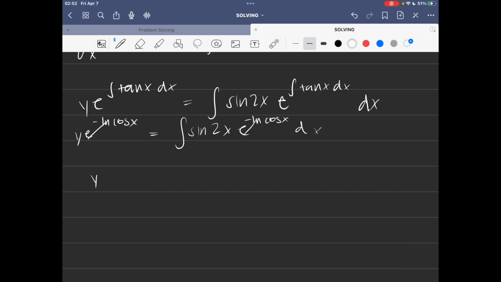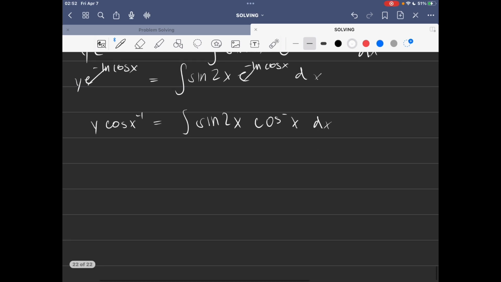So it will be left with y times 1 over cos x, equal to the integral of sine 2x times 1 over cos x dx. And we know that 1 over cos x is the trigonometric identity of secant x.